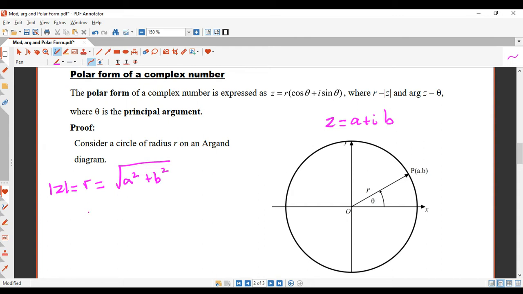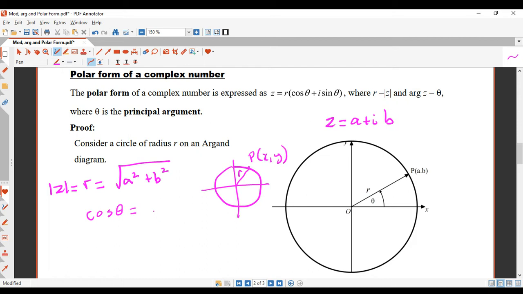Now, one thing we know from trigonometry is that cos theta for any circle, so let's just draw, to remind you of the trigonometry from extension 1. I've got some point there, P, with coordinates x, y, and this is radius r.